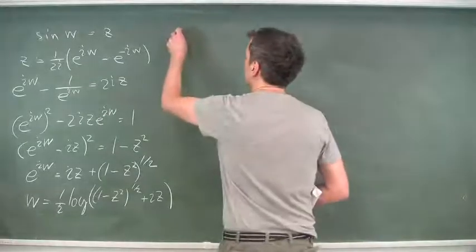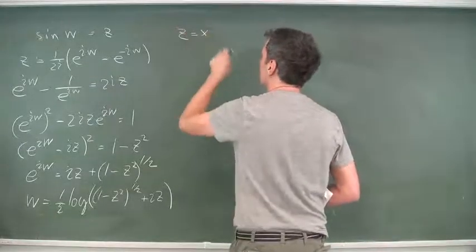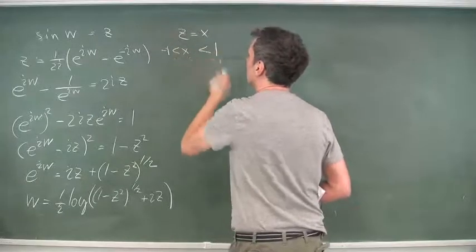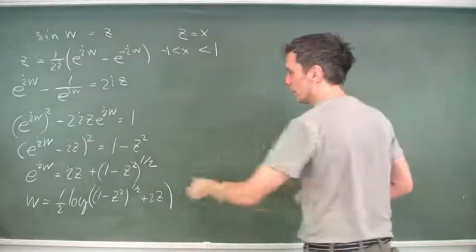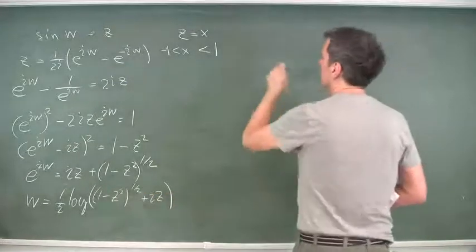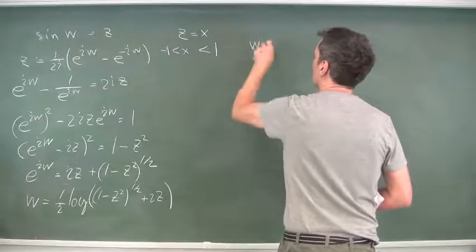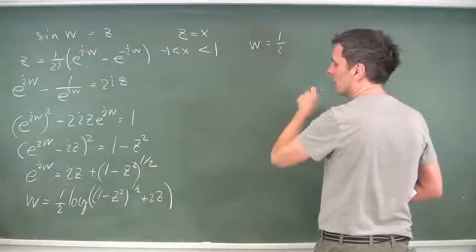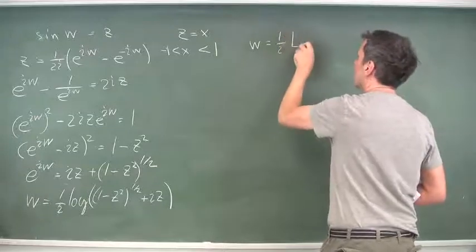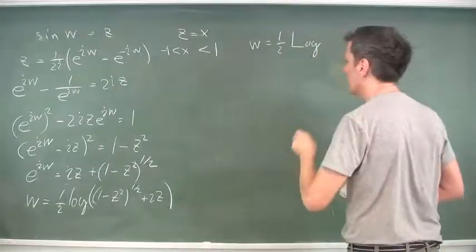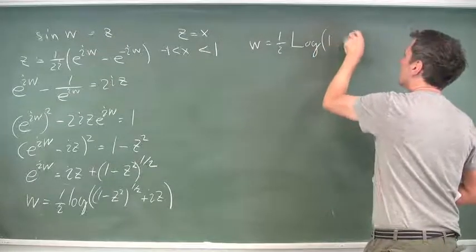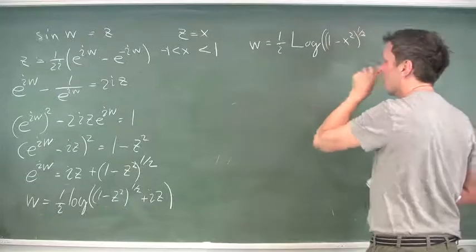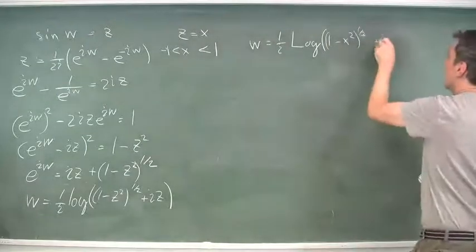So for this purpose, let z be equal to x, and we suppose that x is between -1 and 1. So what will this expression be? Well, w will be equal to 1 over i times the principal logarithm of the square root of 1 minus x squared, plus ix.